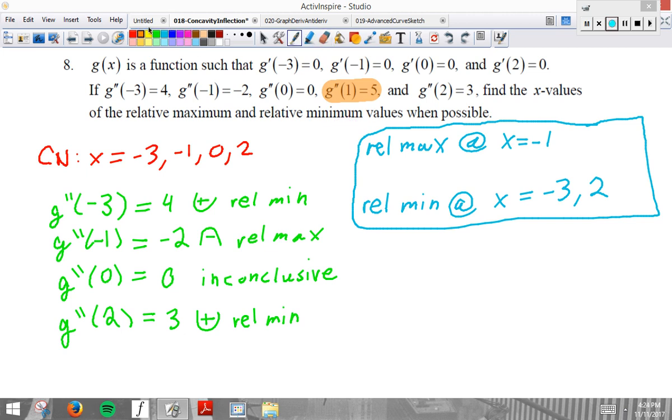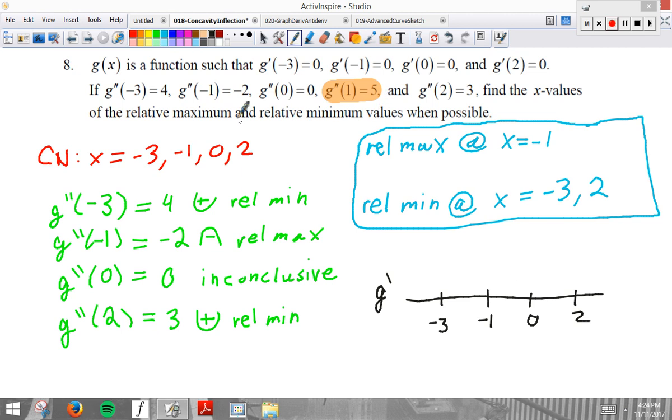Finally, if you thought the right thing to do here was a first derivative number line, you would get this far. You would make a g prime number line. You could throw on your critical numbers. But now the next step for the first derivative test would be to test the sign of g prime between, say, 0 and 2, or 0 and -1. But we have no way of finding the signs here. Absolutely no way of finding signs.